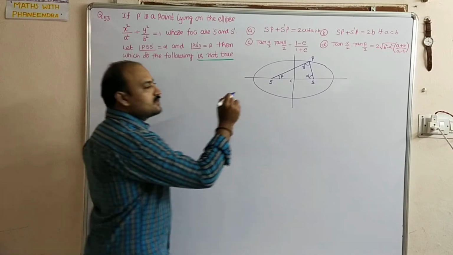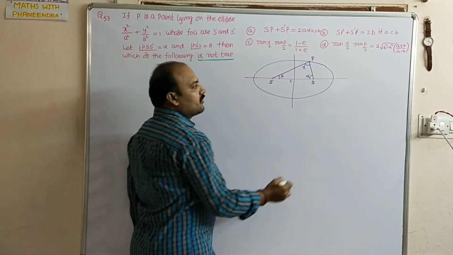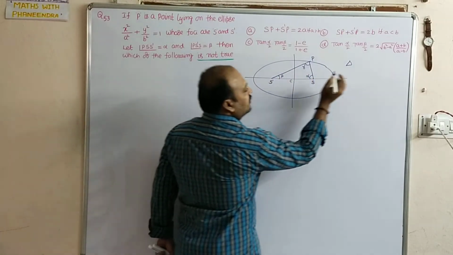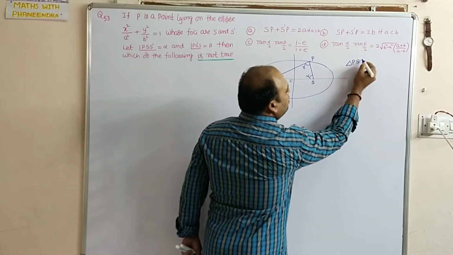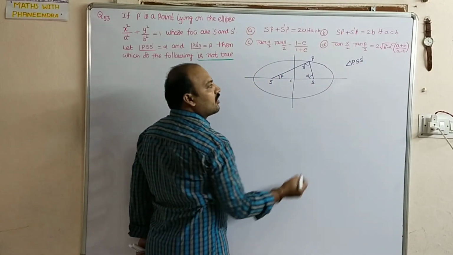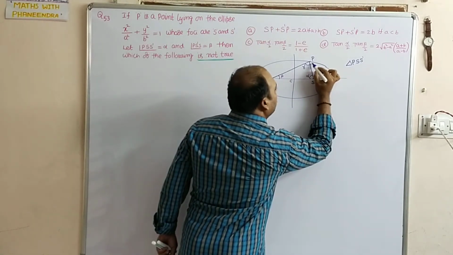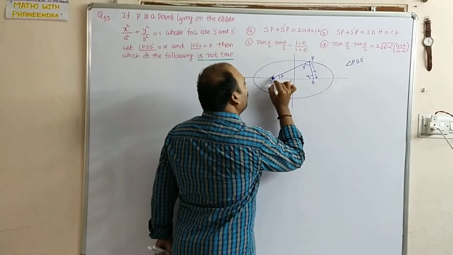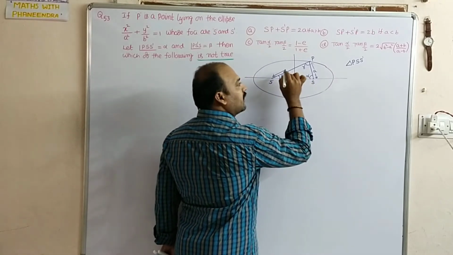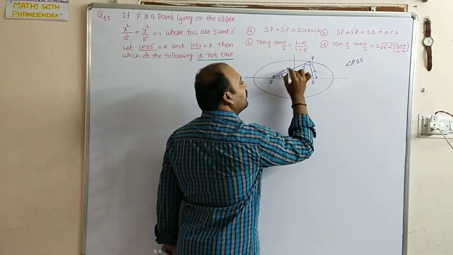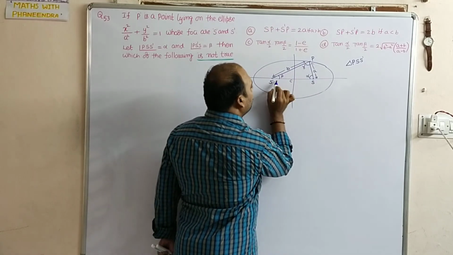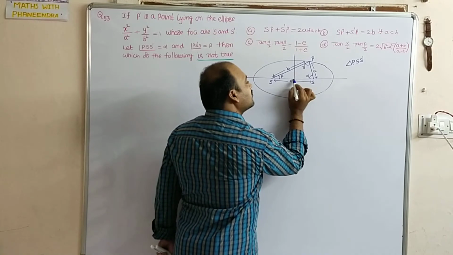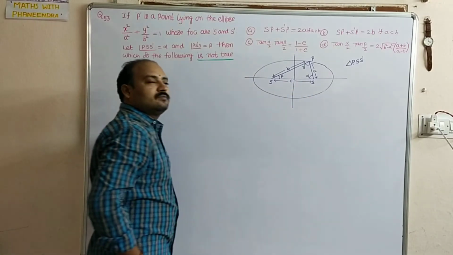So it represents a triangle. So in triangle PSS dash, from here to here distance we are taking as small a. From here to here distance we can take as small b. From here to here we can take as the distance c, as well as center is also c.